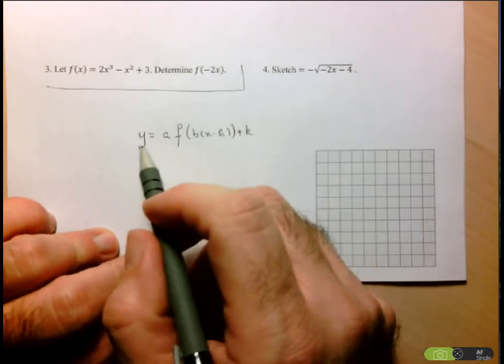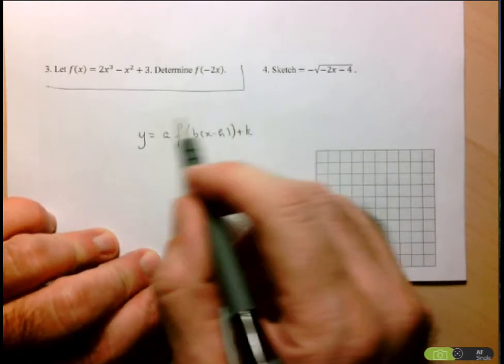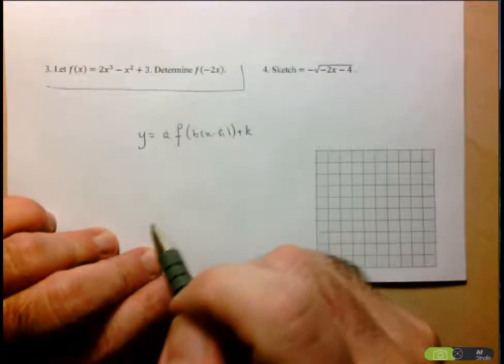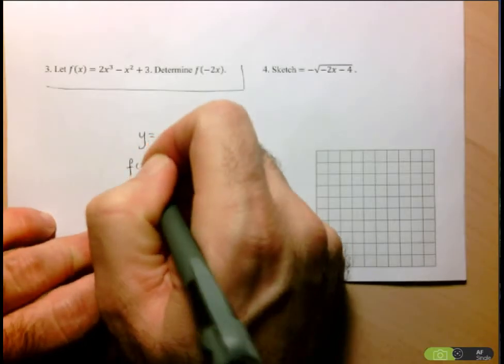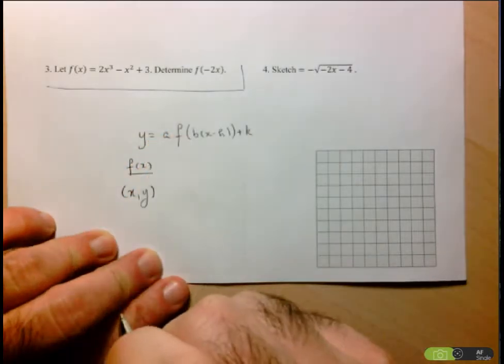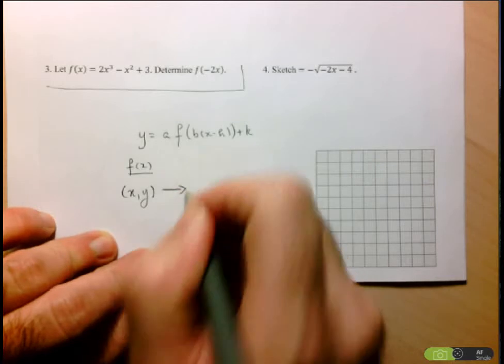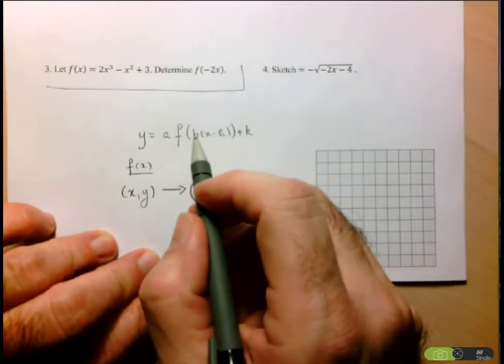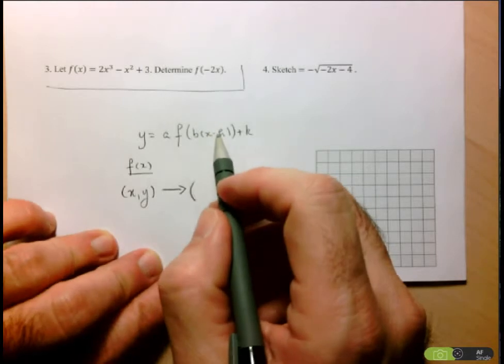So, if this represents a general transformation of any parent function, remember that if I start with a point (x, y) on my original function, this is how it's going to be transformed. The x component will be transformed by the b and the h, and remember, we have to go in the correct order.